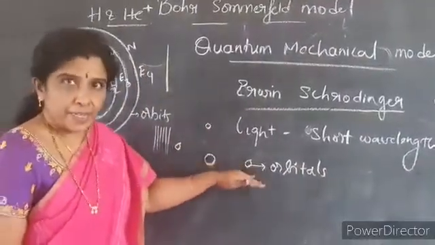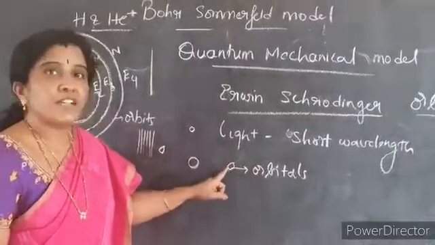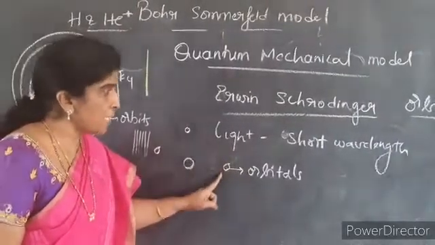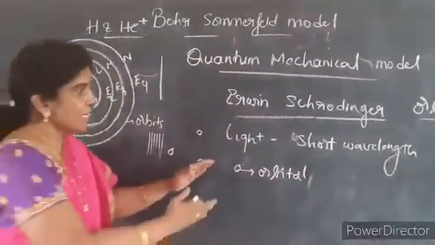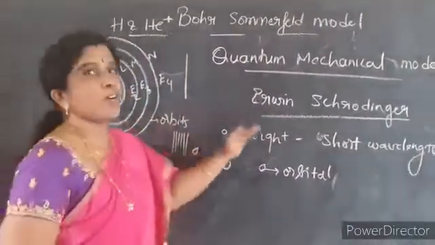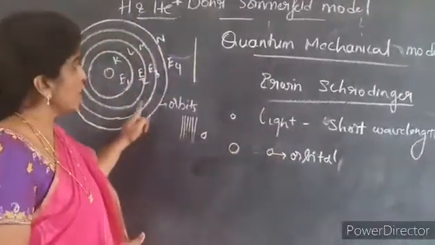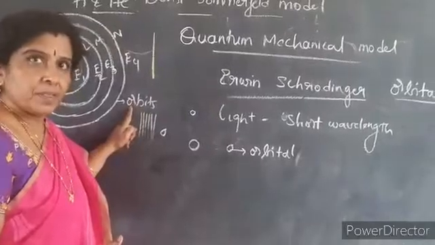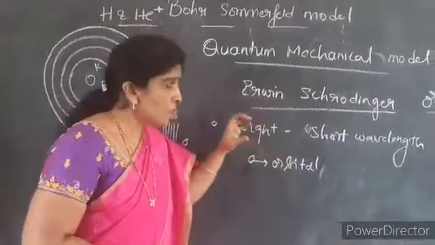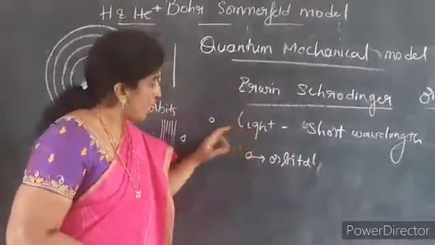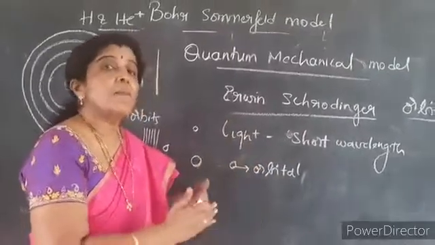The region or space around the nucleus where the possibility of finding the electron is maximum is known as orbital. So there is a difference between orbits and orbitals. What is an orbit? The definite path of an electron is known as orbit. It is circular. Whereas what is an orbital? It is a small region or space around the nucleus where the probability of finding the electron is maximum.